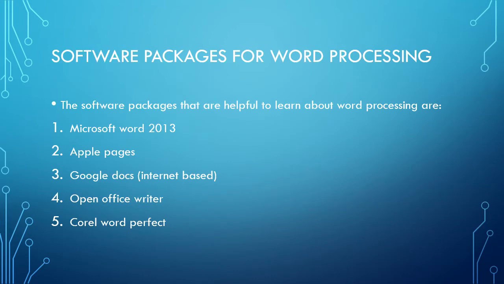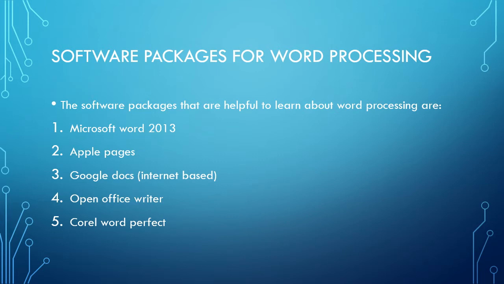The next one: software packages for word processing. What software packages are needed? Which package has the best word processing? So here are listed out. The first one is Microsoft Word 2013, the current version people are using nowadays. But mostly we are using Windows 7, Windows 8, 8.1 and 10.